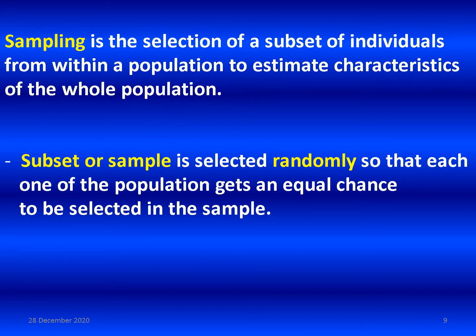Sampling is the selection of a subset of individuals from within a population to estimate characteristics of the whole population. The subset of the population, or sample, is selected randomly so that each one of the population gets an equal chance to be selected in the sample. If you are selecting the sample randomly, each one of the sampling frame will get an equal chance to be selected.